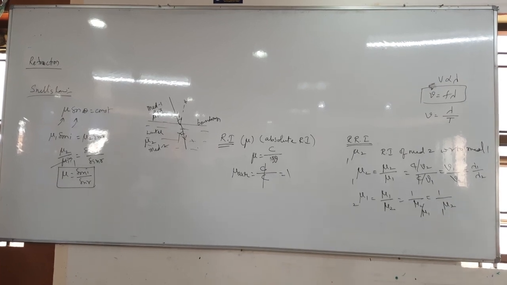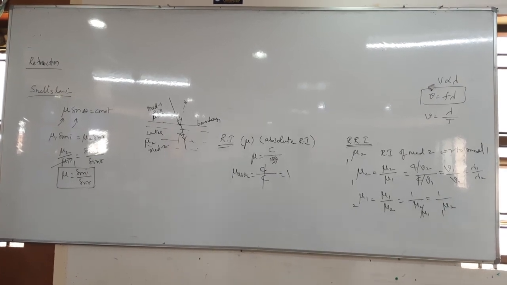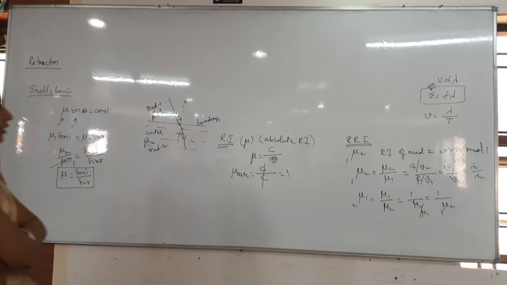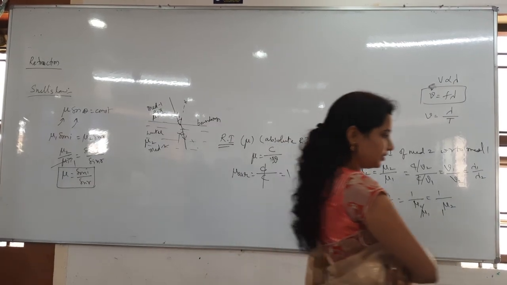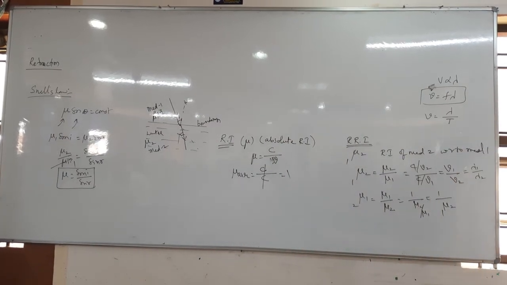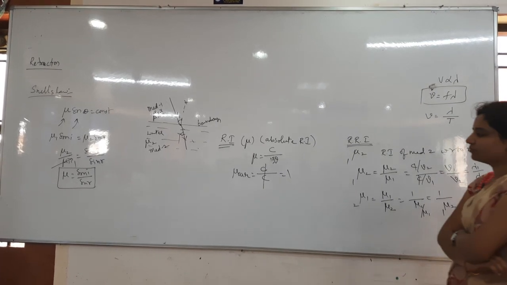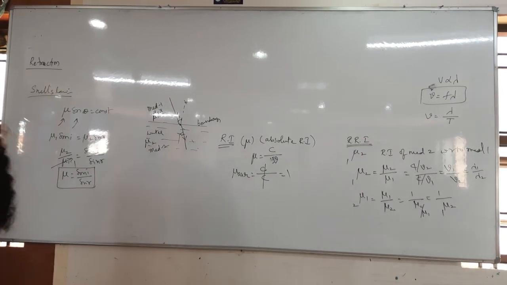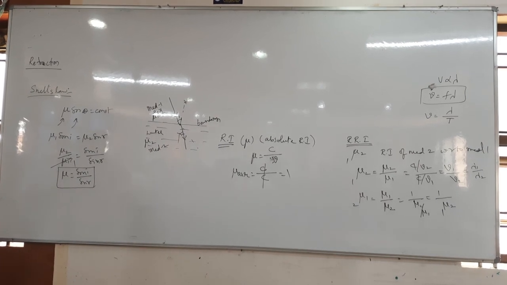Next, refractive index. Everything you copied? Refractive index, the ratio of speed of the light in vacuum to the speed of the light in medium, in bracket you write absolute refractive index.